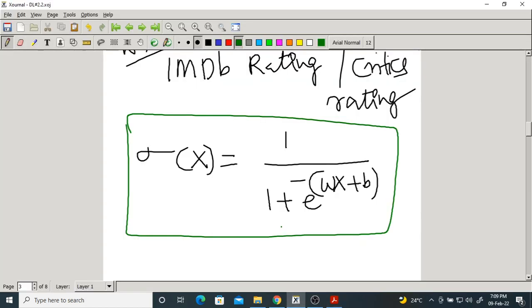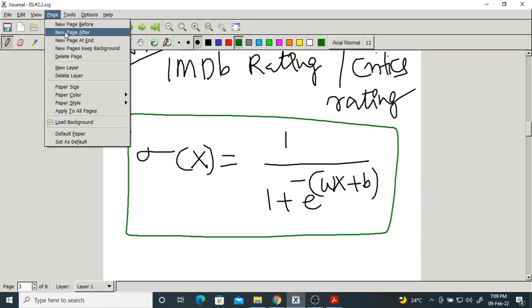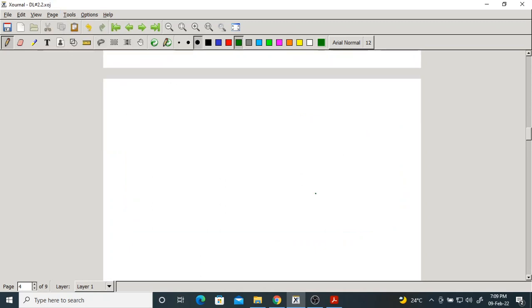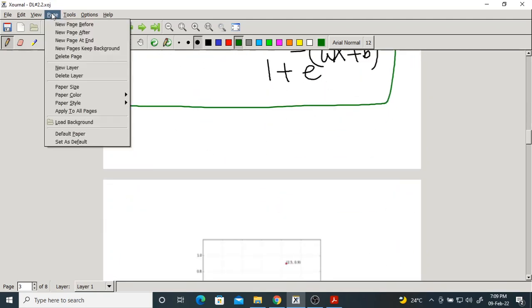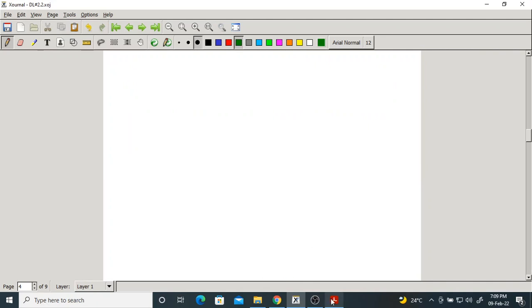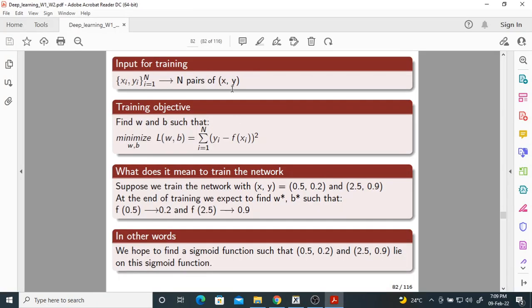Here first of all we have to train the network, so we have to give the data. We are giving n pairs of data. Suppose for each and every movie, we give a pair of data points x and y, xi, yi.